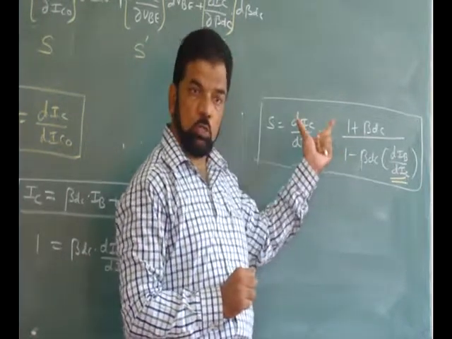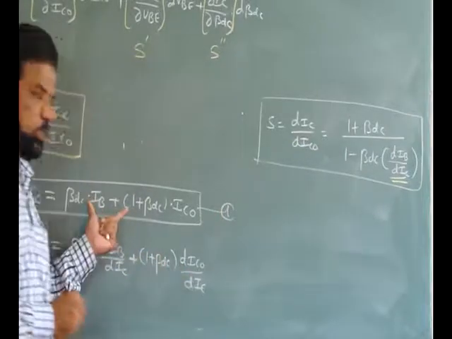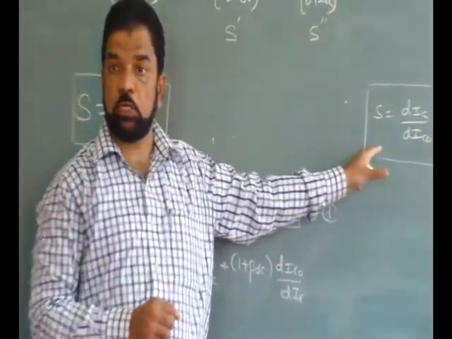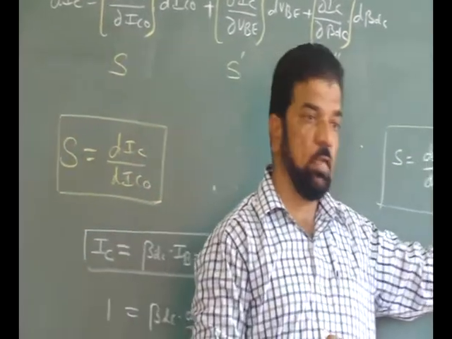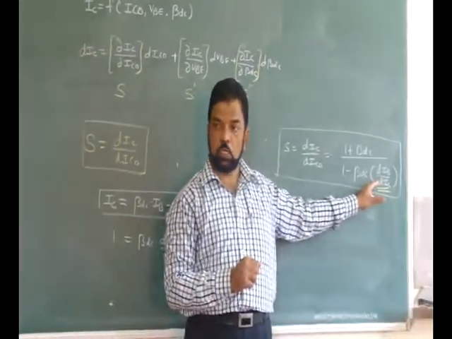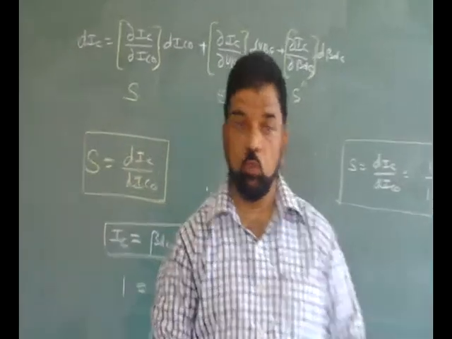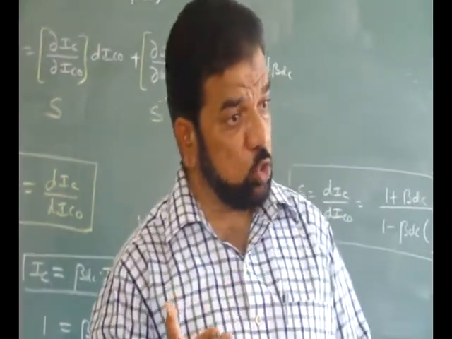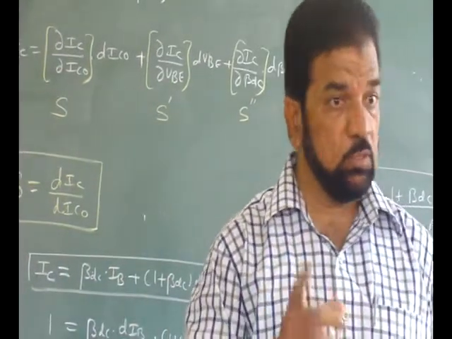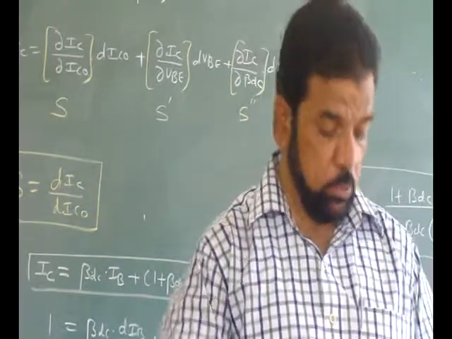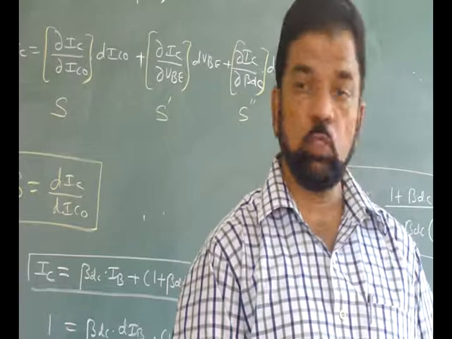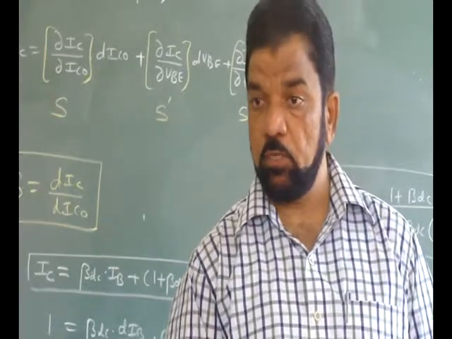Either recall this equation directly, or start with the basic equation and come up to this one. For the given circuitry, find dIB by dIC, and you can calculate S for the given circuit. If S comes out on a higher side, then that is not a suitable choice, because what you require is S on a lower side, so that it has better stability.